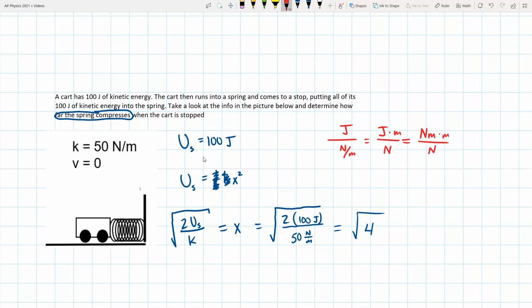Now we get some canceling. Cancel, cancel. And we're left with meters squared. That's good. So this would be 4 meters squared in there. And when I square root it, that gives me 2. And then the square root of meters squared, meters. Boom. Sweet.